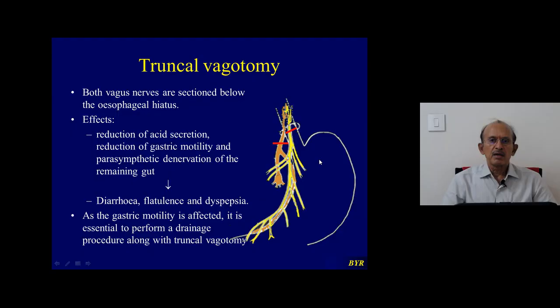So whenever you do truncal vagotomy, because the stomach's motility is affected with resultant gastric stasis and distension, another operation to drain the stomach is performed, that is pyloroplasty or gastrojejunostomy.